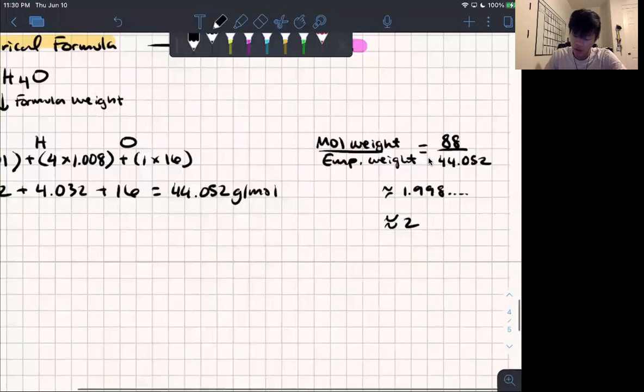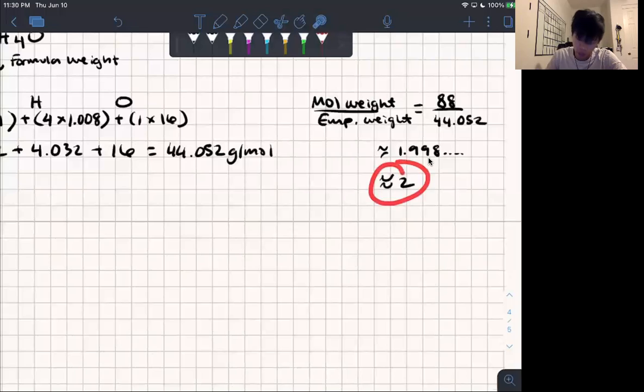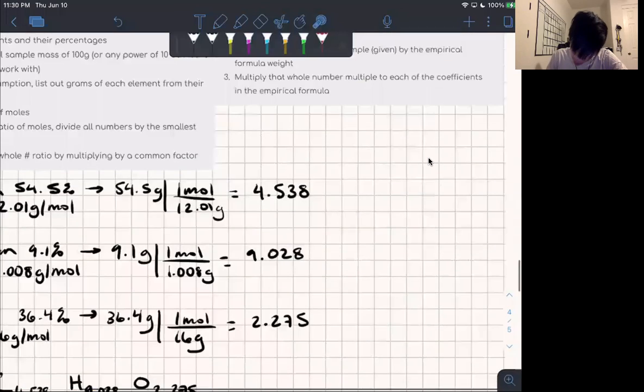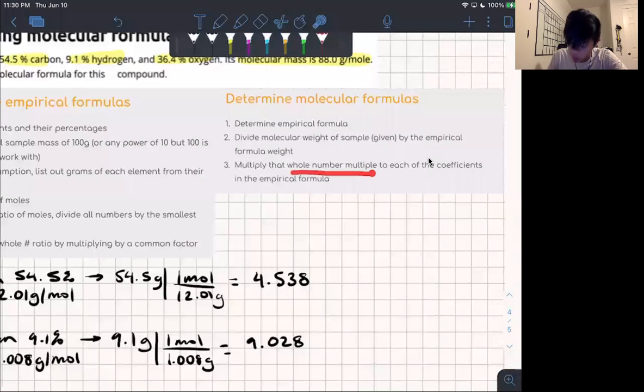This 2 right here is the coefficient by which we're going to multiply the empirical formula. So we multiply that whole number multiple to each of the coefficients in the empirical formula.